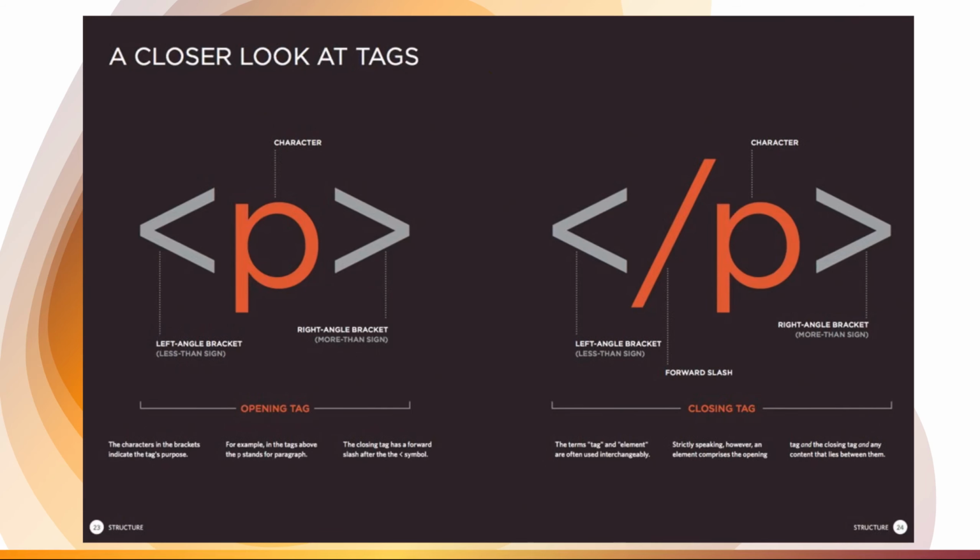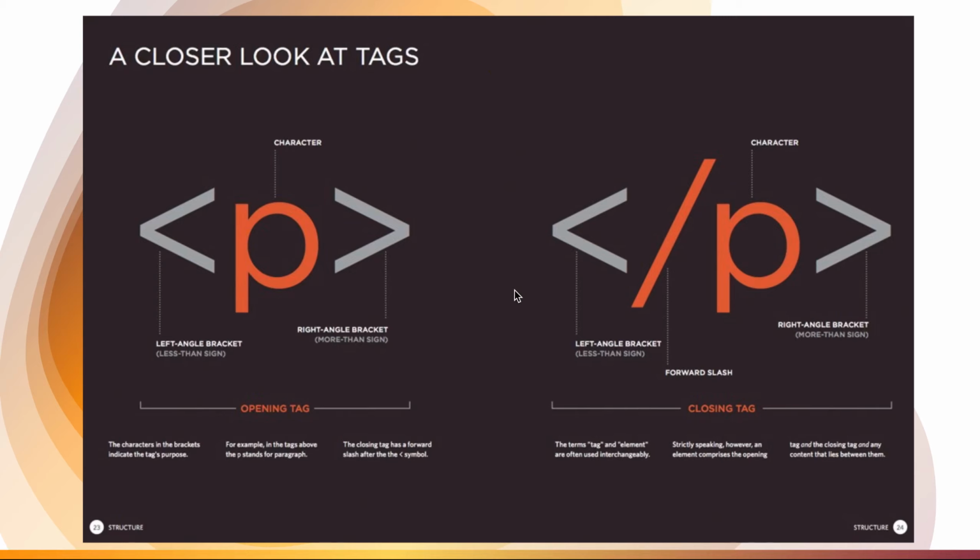Now, let's have a closer look at tags. Okay, so you have the left angle bracket, the right angle bracket, in between you having the character. All right, so like this is the opening tag. The closing tag is the same except that now you have a forward slash, all right, just before the character, okay, in the middle of the left angle bracket and then the right angle bracket.